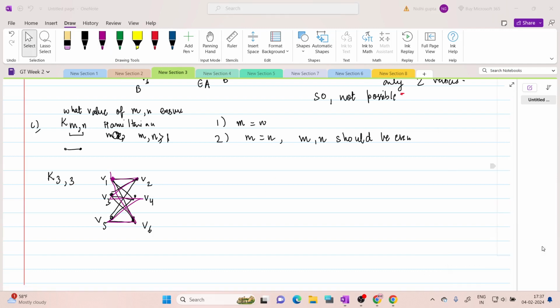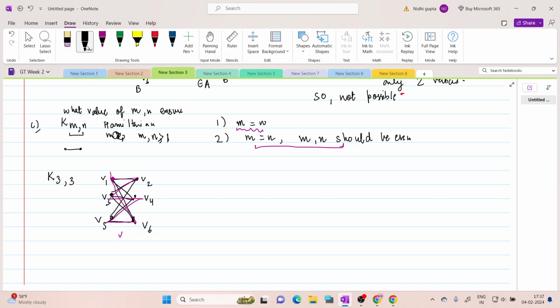So if M and N are odd, we also get a Hamiltonian cycle in K33. So M and N being even is not necessary, because in the odd case also we are getting a cycle.